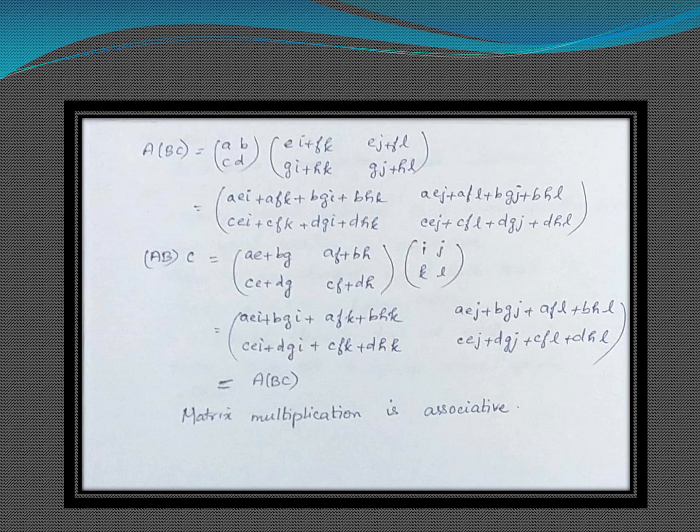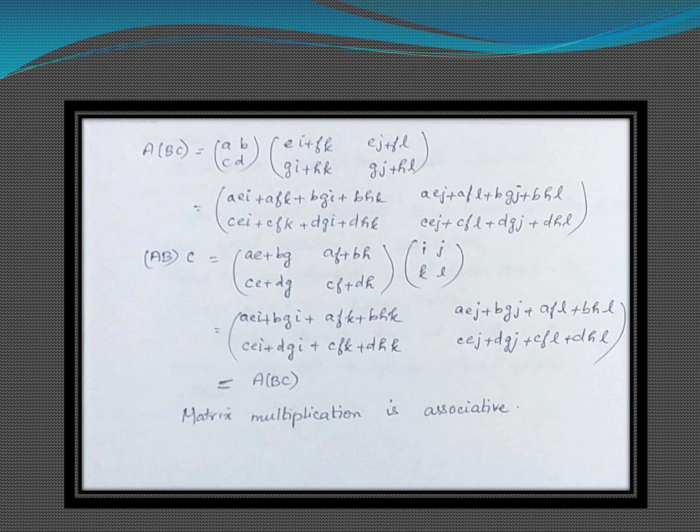(AB) into C equals the matrix [A, B; C, D] into the matrix [EI plus FK, EJ plus FL; GI plus HK, GJ plus HL]. Now we are going to multiply the two matrices: AEI plus AFK plus BGI plus BHK.